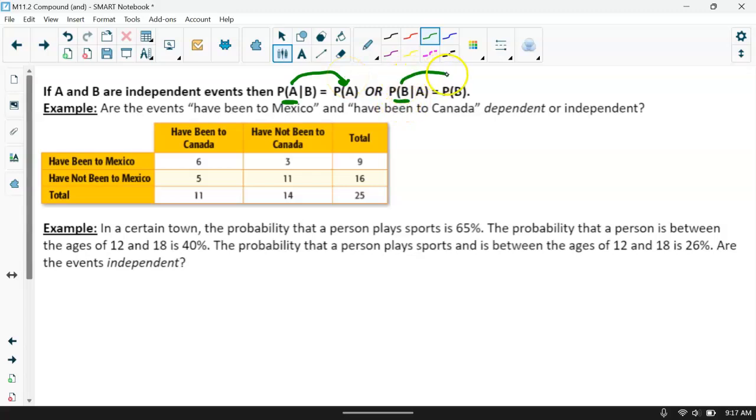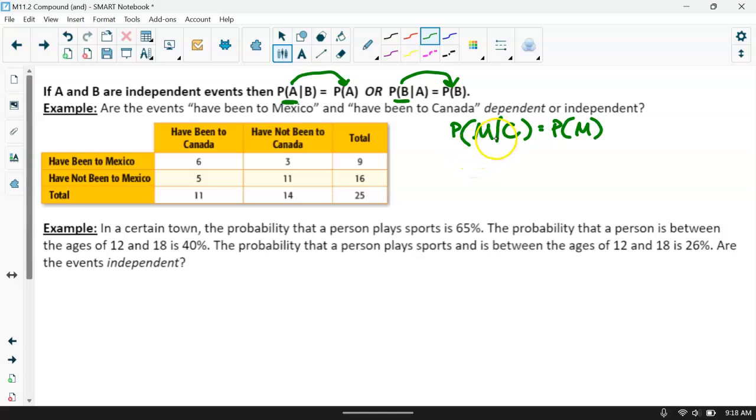There's no effect, right? So there's no effect to it. So here, we're going to test using that given situation. So we're going to test the probability of been to Mexico given they've been to Canada and see if that's the same as the probability of going to Mexico then, right? That's what we're saying, if they're independent of each other.